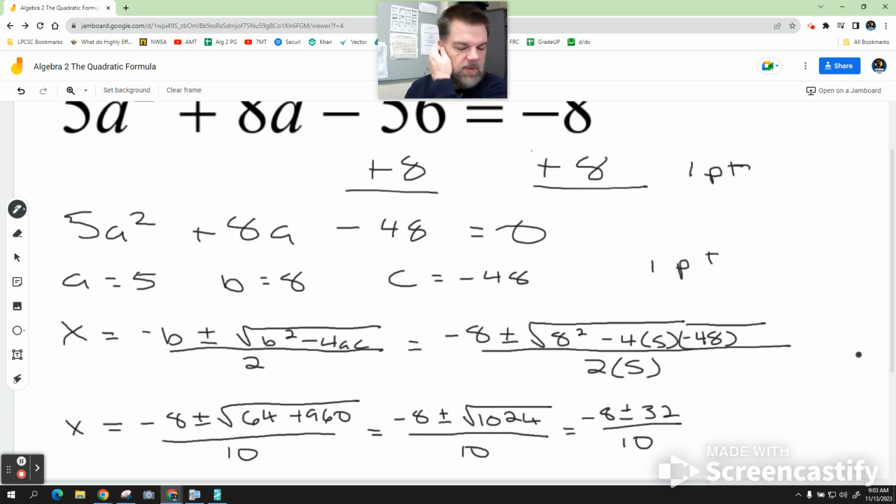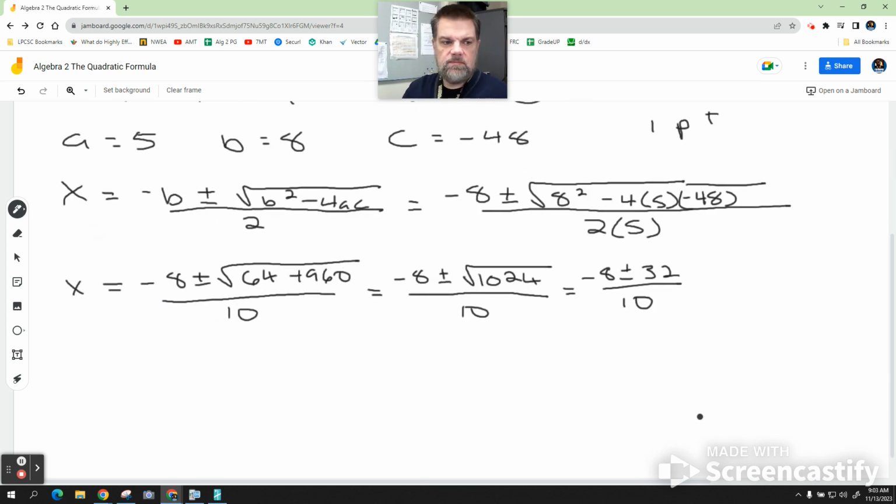We still get a decimal, I think, though. Yeah. So on the next line, I get x equals negative 8 plus 32 all over 10, which is equal to, is it 24 over 10, which is equal to 2.4.